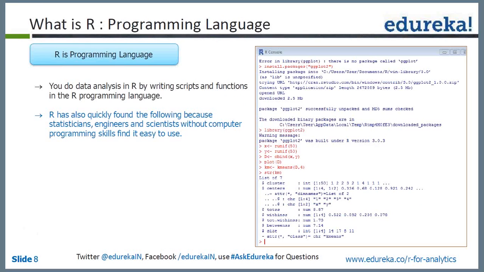Okay, so let's look into R. R is an open source statistical software. It's also a language. When we download the commands, what we write in R is the language part.